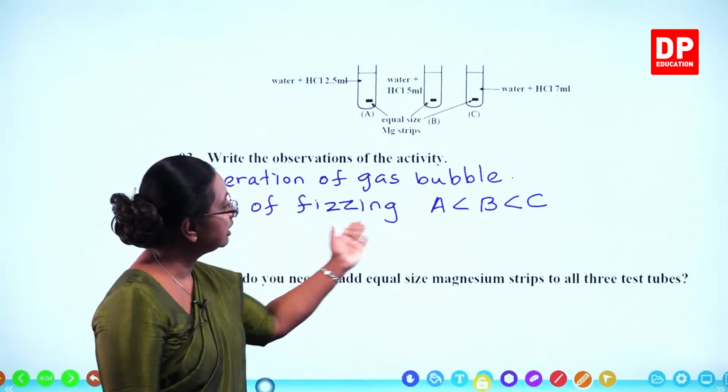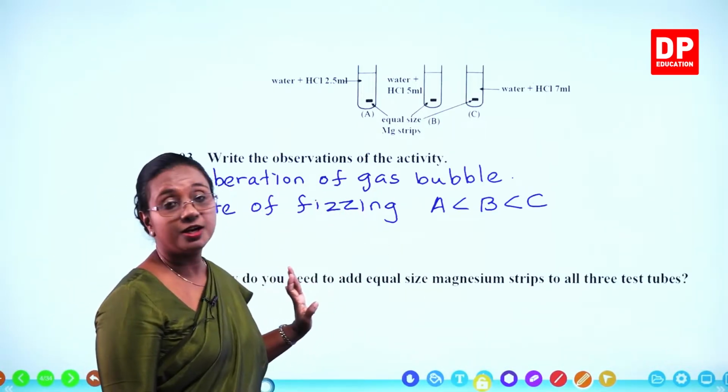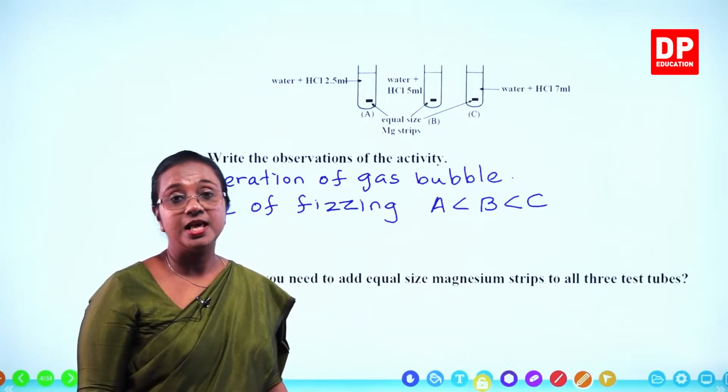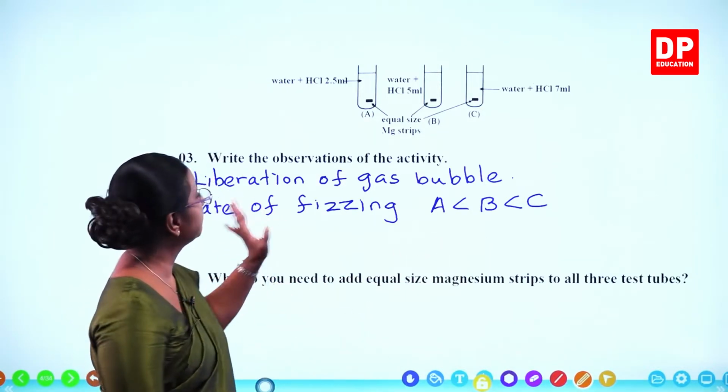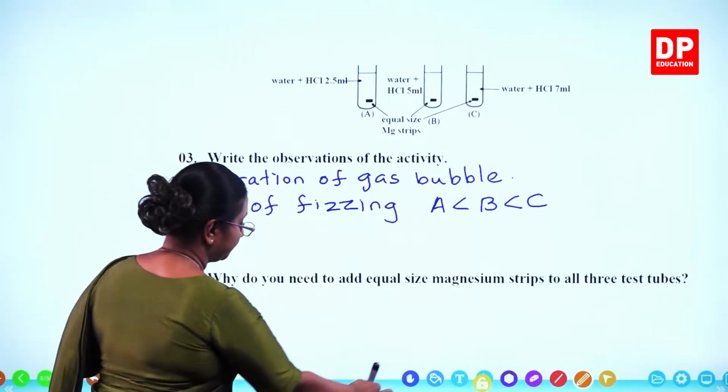You don't have to write it twice. You can just leave out the first one. You can only write rate of fizzing and compare that as well, because you all know it is the liberation of gas bubbles. So that is the observation.